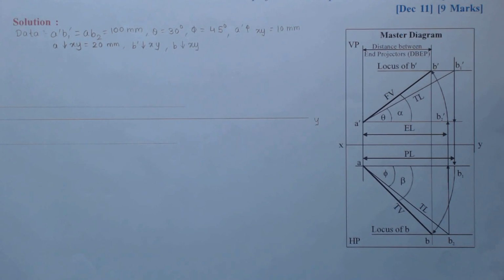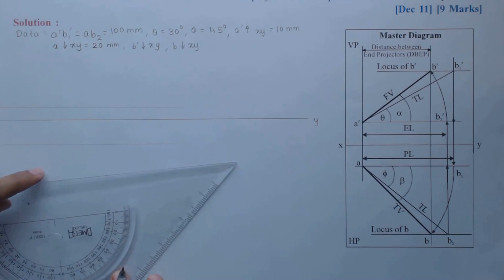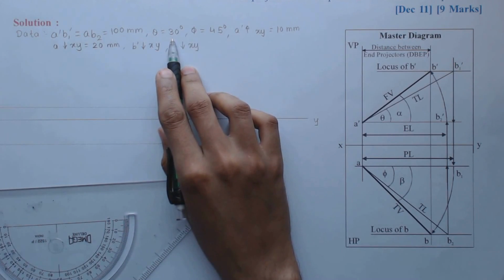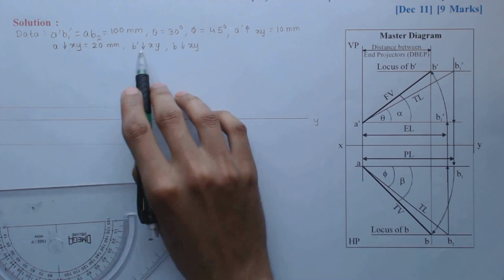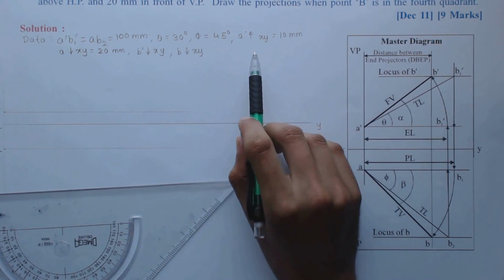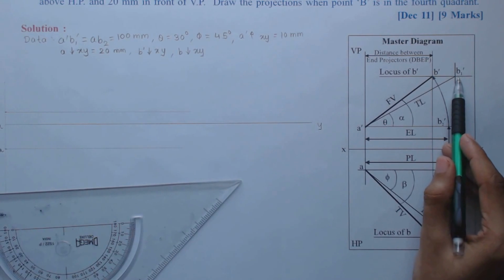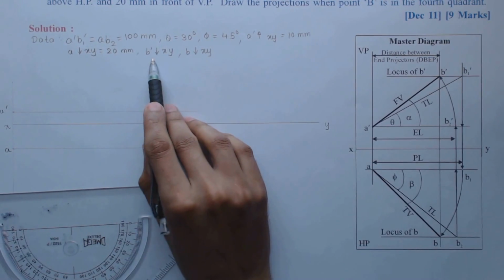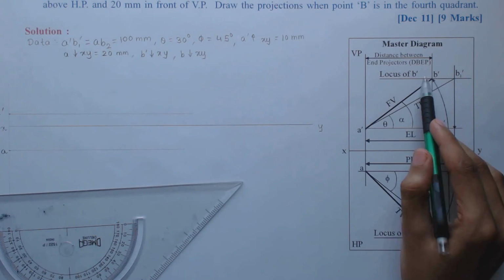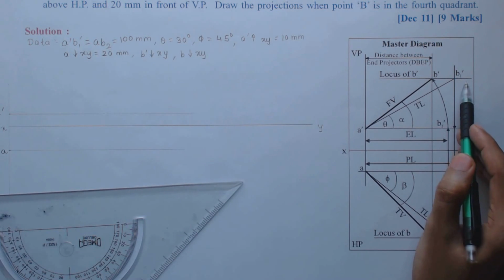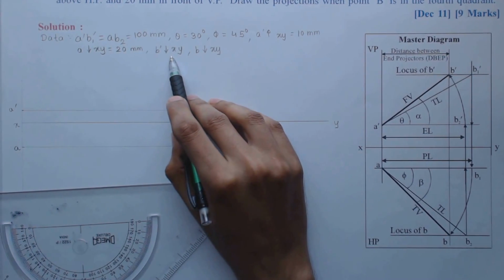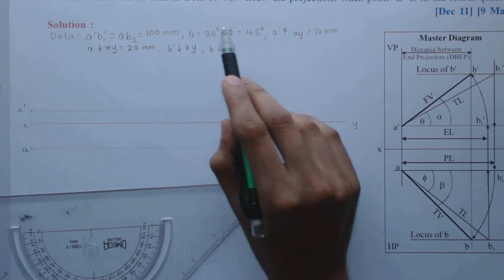Now with respect to A dash, I'll measure the angle theta. Now I have two options. I can produce that angle 30 degree upwards from A dash or downwards. But here I need to check the position of B1 dash. For that I know the position of B dash, which is below XY. Obviously B1 dash and B dash are lying on the same locus of B dash. So both the points will be below XY because the point is in the fourth quadrant and not in the first quadrant.